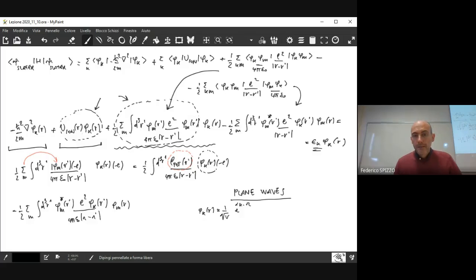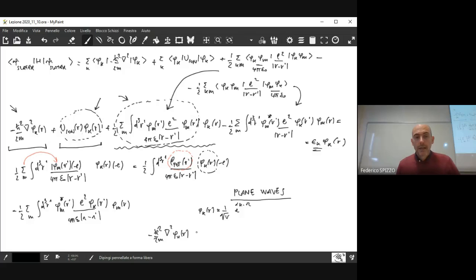So the final point of the discussion is, when we use plane waves to evaluate the contribution of the exchange energy, we may simplify the initial equation, that is this equation here, by keeping just two terms. One term is the kinetic one, so minus h bar squared divided by 2m, then the gradient of phi k.